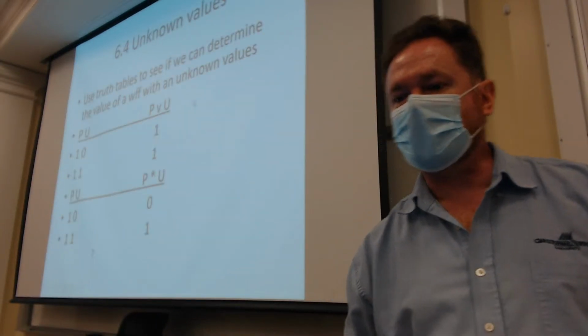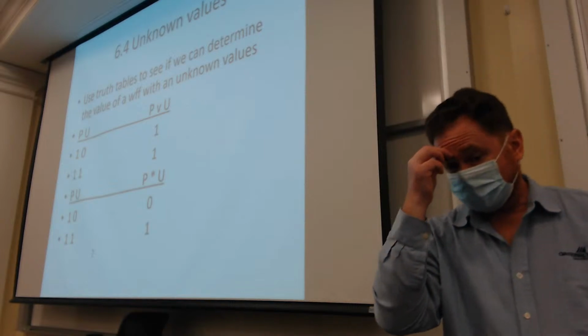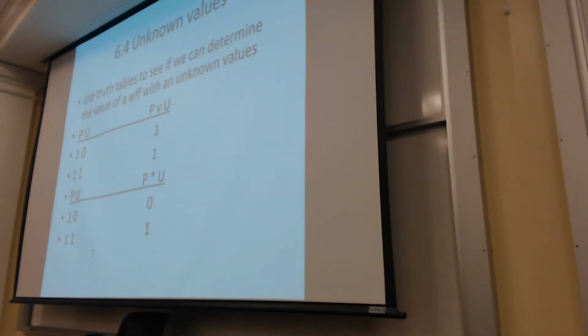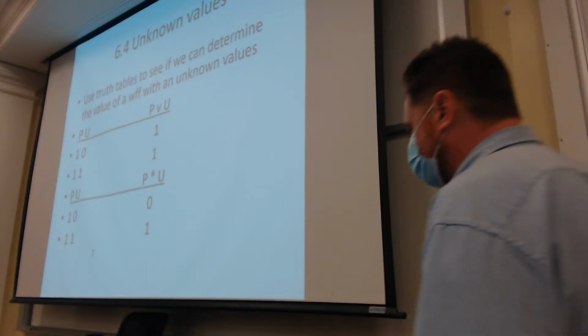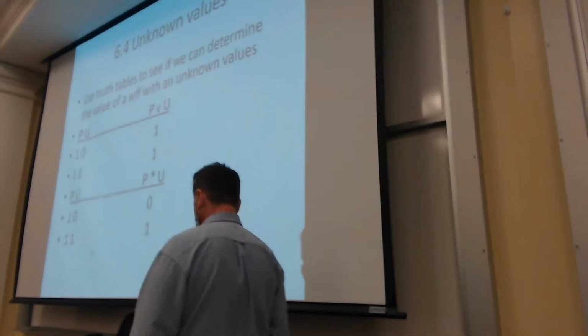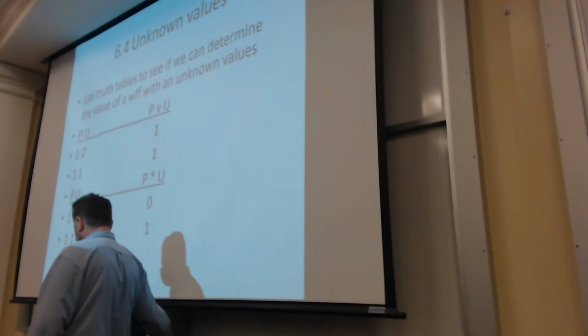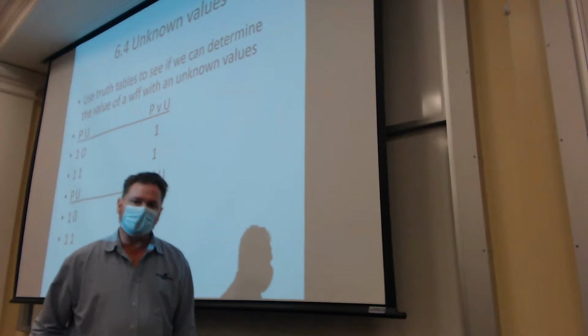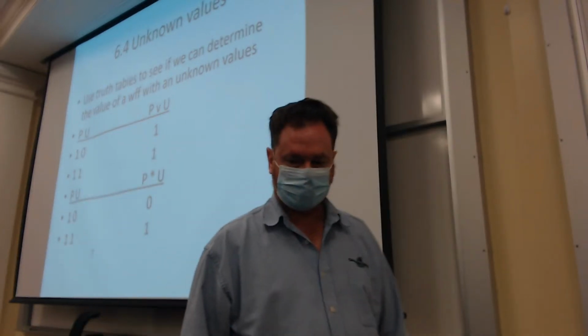Okay, next section, 6.4. 6.4 teaches us how to use truth tables to attempt to solve a compound statement when we don't know the value of one of the letters.